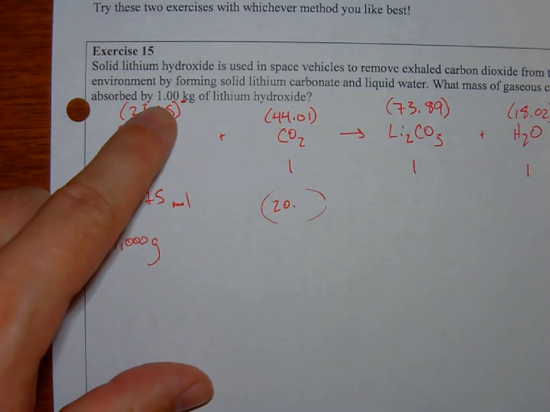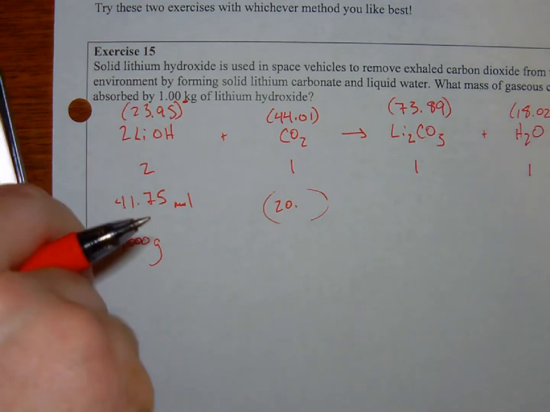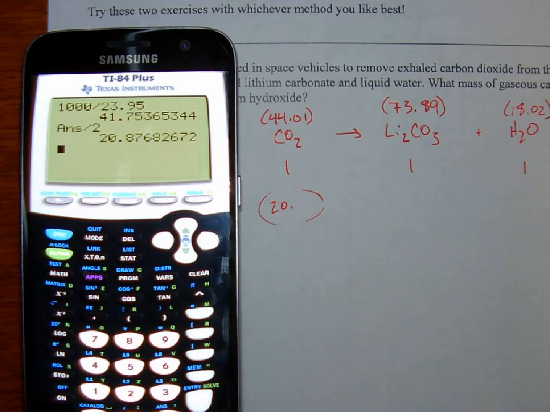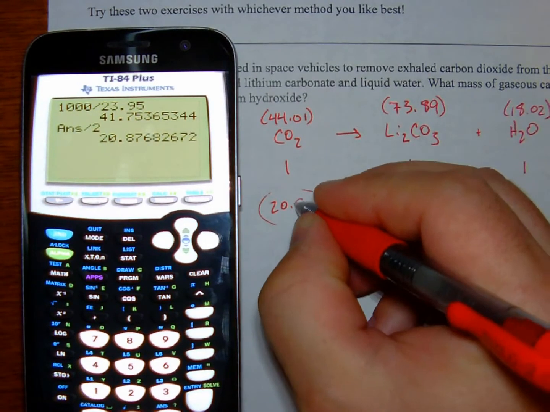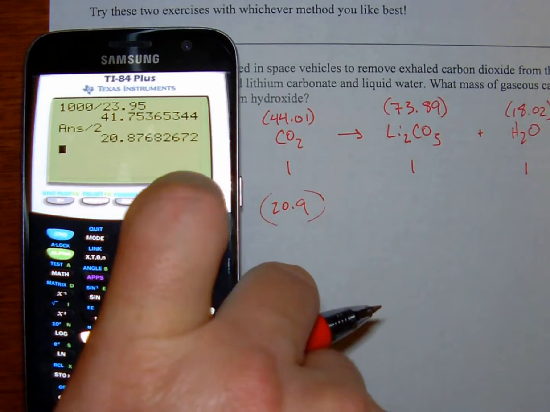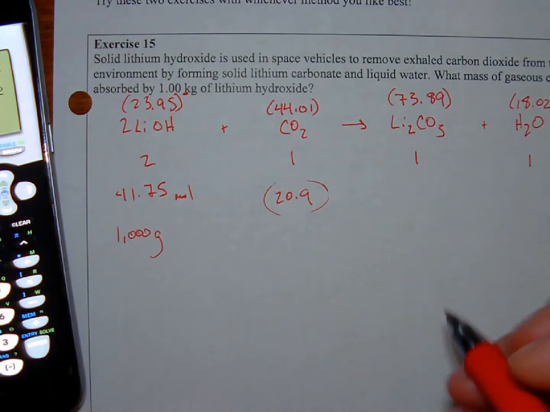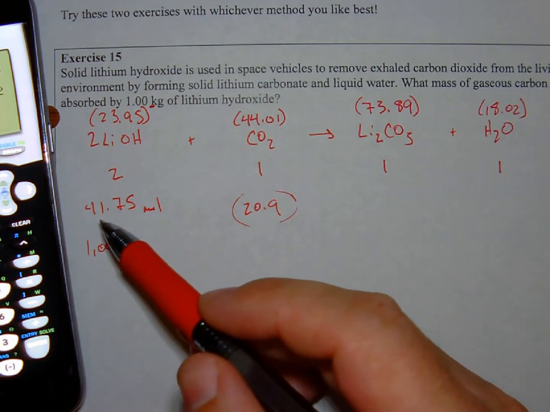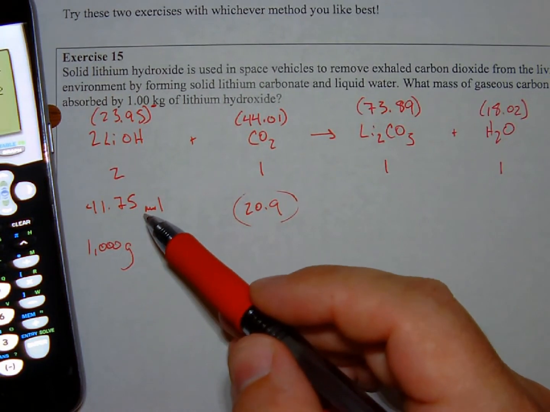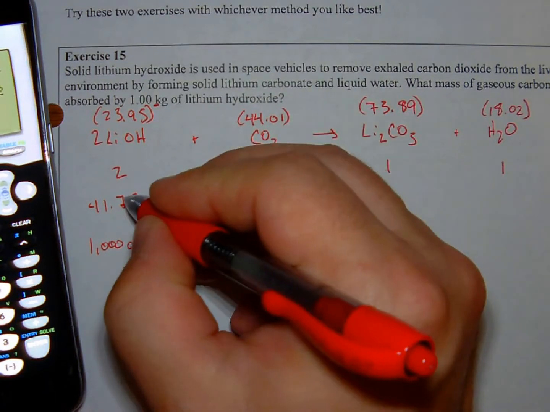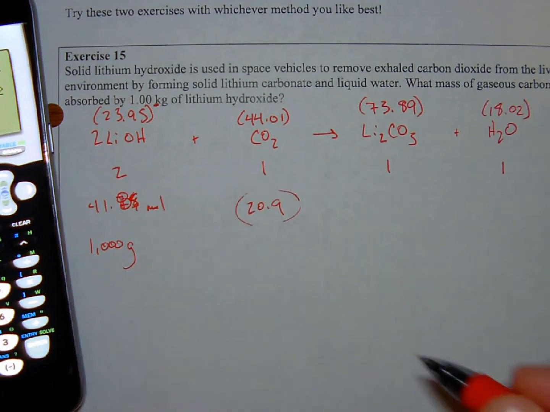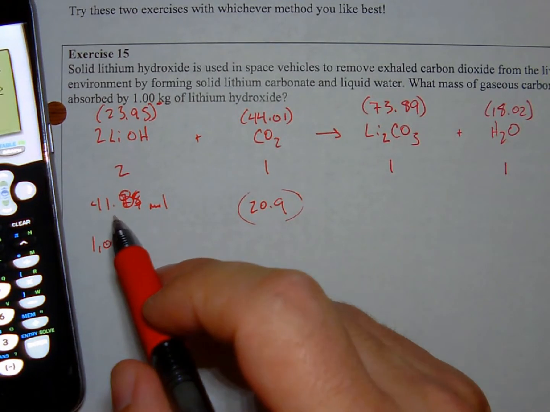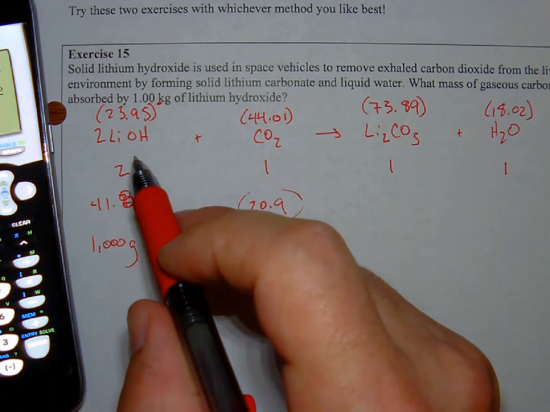I guess I'm limited by 3, really. Just go 3. So that'll be 20.9. Yeah. 20.9. So, when I have a kilogram of lithium hydroxide, there are 41.75 moles of lithium hydroxide. I guess maybe I should have just written this as an 8 and not a 5. 41.8 moles of lithium hydroxide.